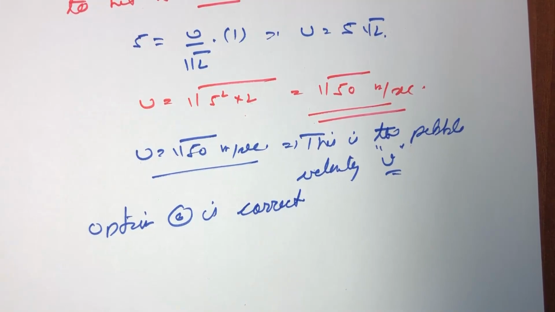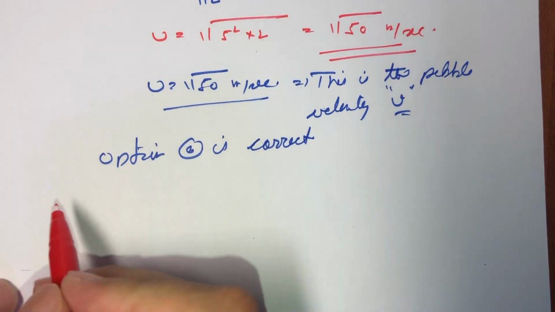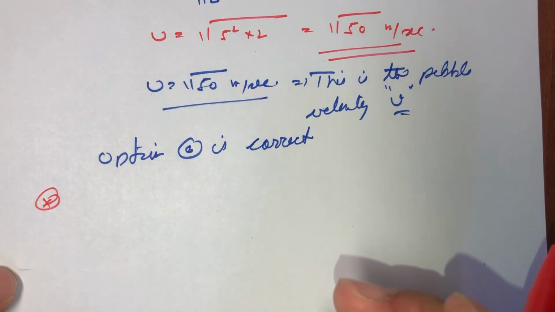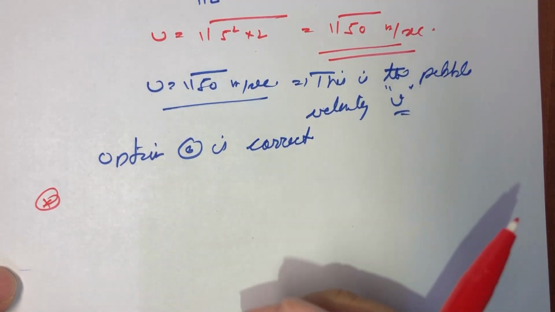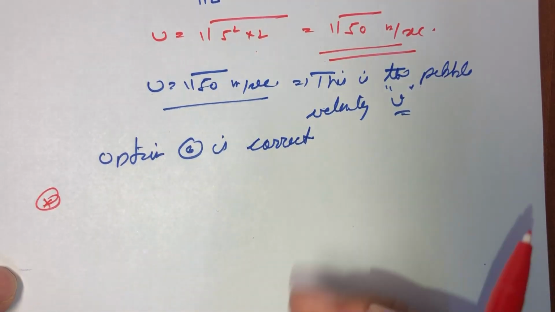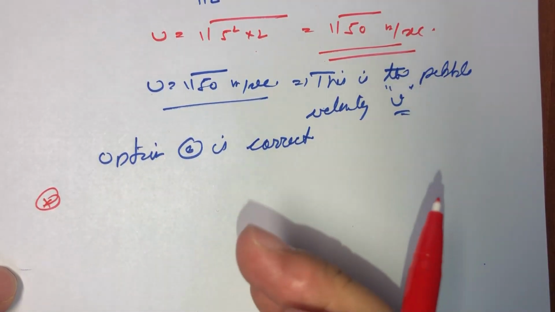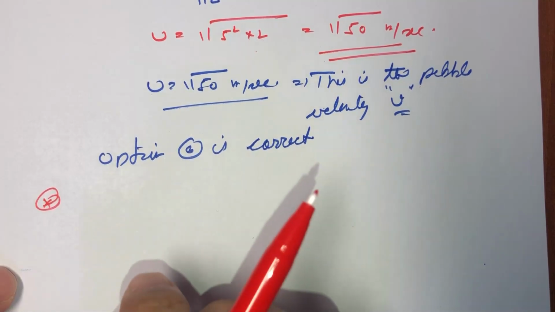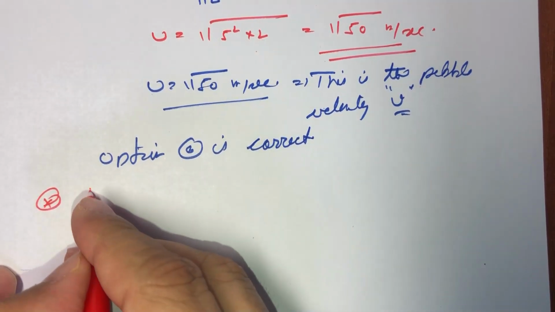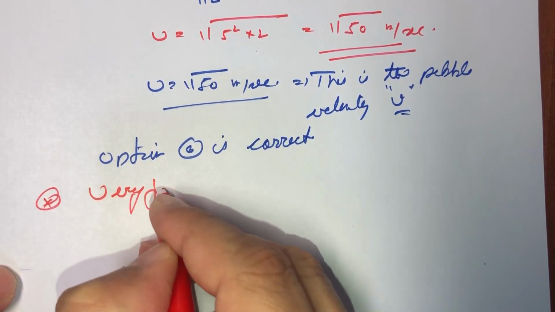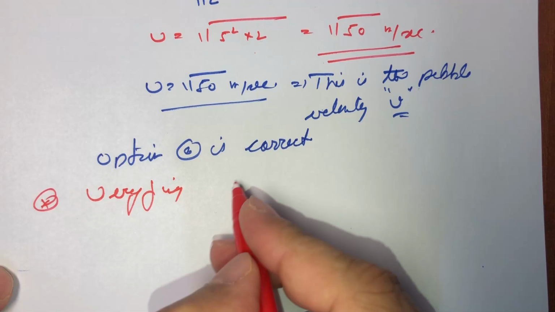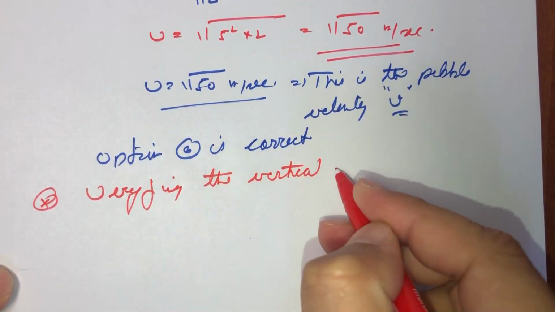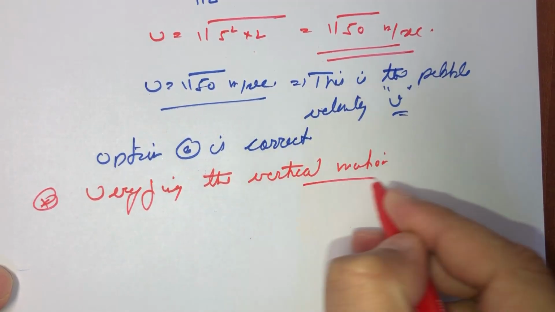And we can also verify the answer. Okay, let us try that also. The verification is with respect to the vertical motion. If the vertical displacement of the pebble comes out equal to 0, it means the pebble is able to hit the block. So let us verify the vertical motion.